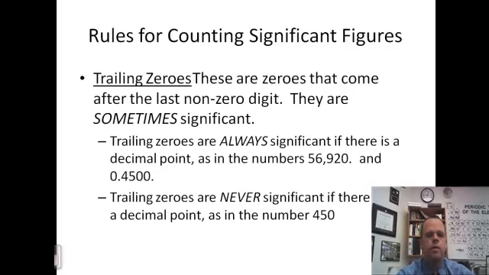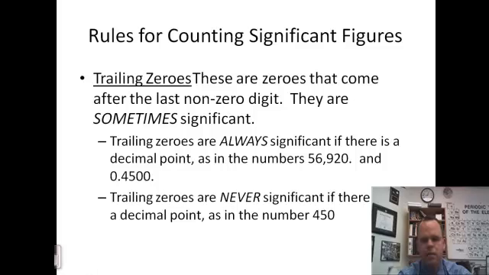The last type of zeros are the most complicated of the four rules. These are the zeros that come at the end of a number, known as trailing zeros. They are sometimes significant, depends on the context. Trailing zeros are always significant if there is a decimal place in the number. 56,920 with a decimal place written there.